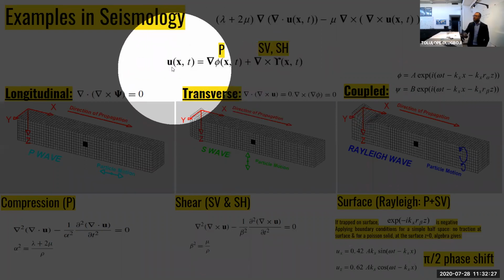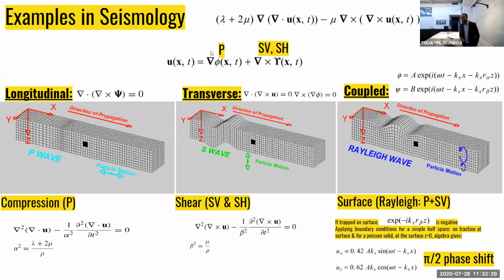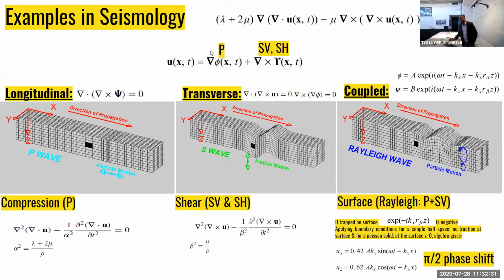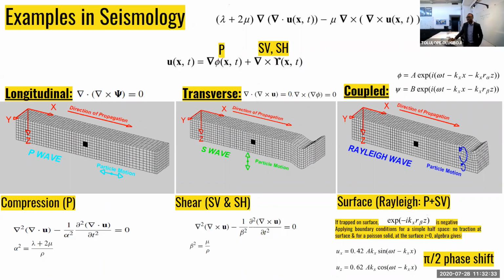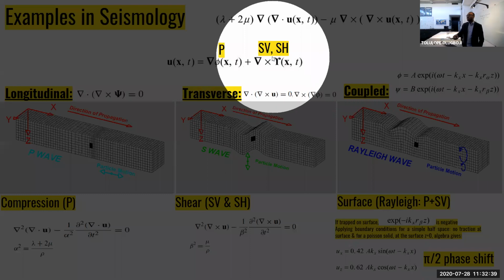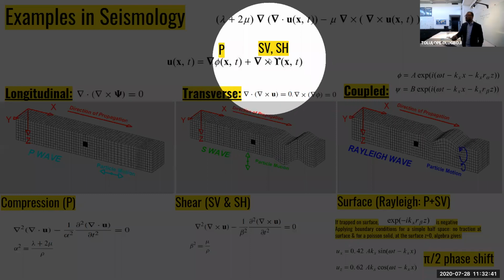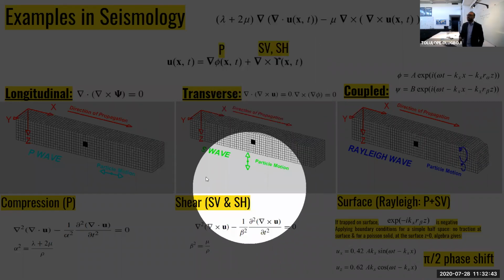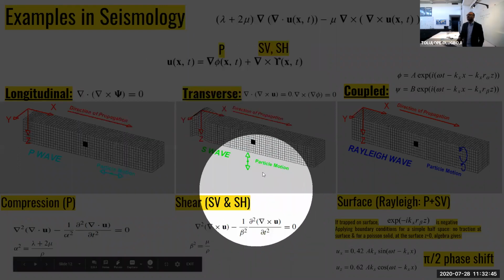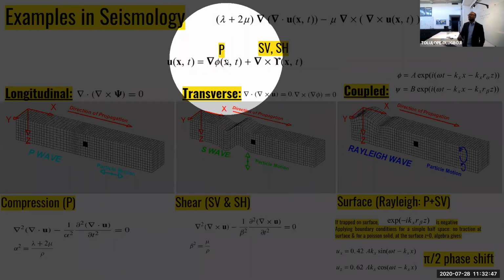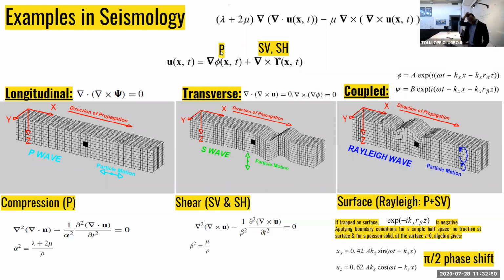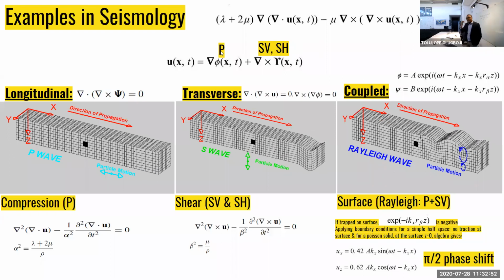If they tell you displacement, it's really a function of potential. So one or the other, it's okay. But just so you know, if you're looking at the compressional, every term that is curl falls out. And if you're looking at shear, every term that is P potential falls out. I hope that explains that.